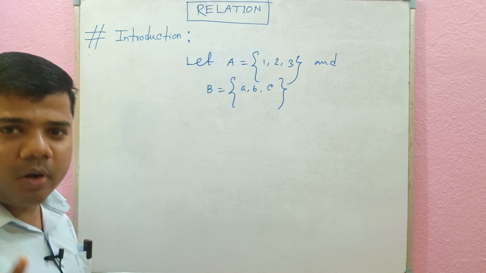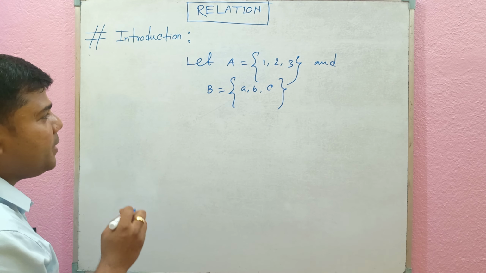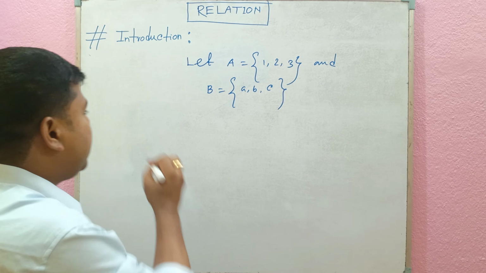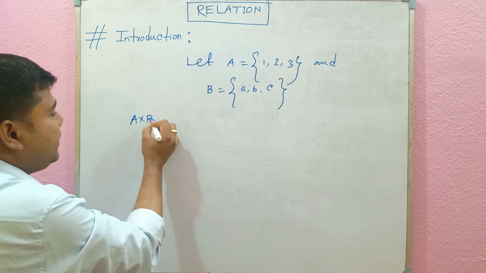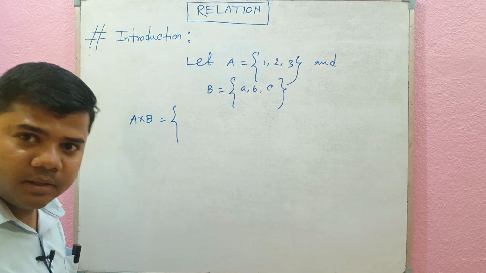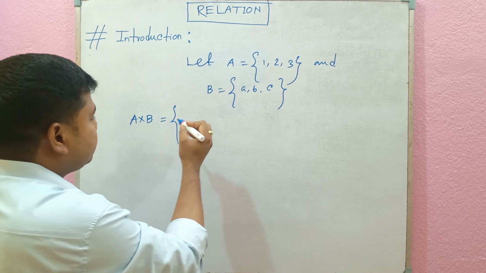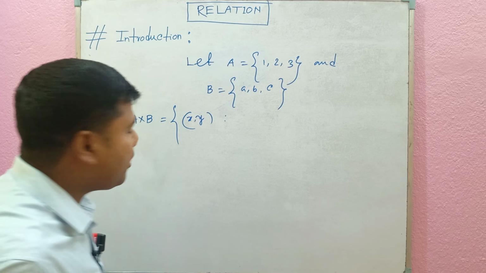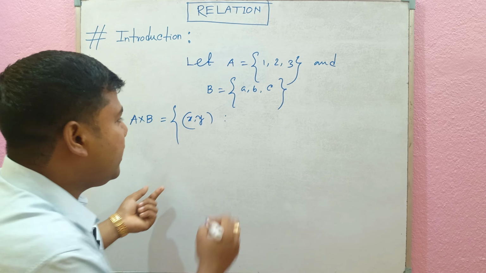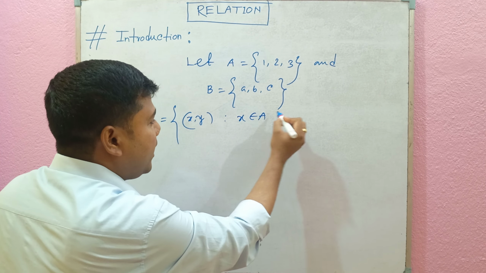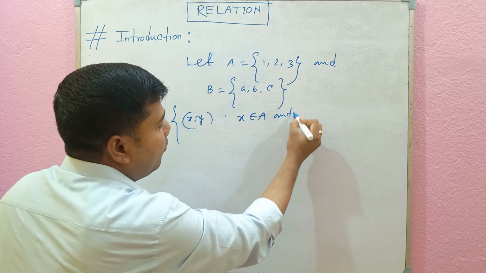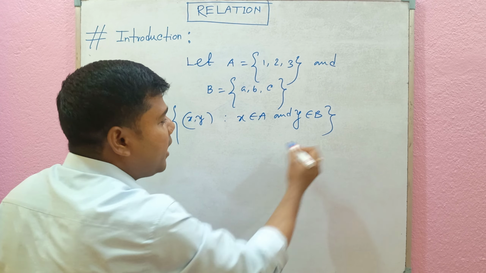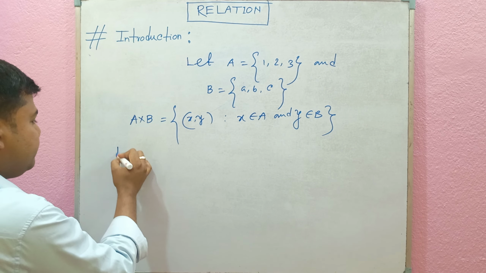The Cartesian product of A and B is denoted by A cross B and is defined as the set of all (x, y) such that x belongs to A and y belongs to B.